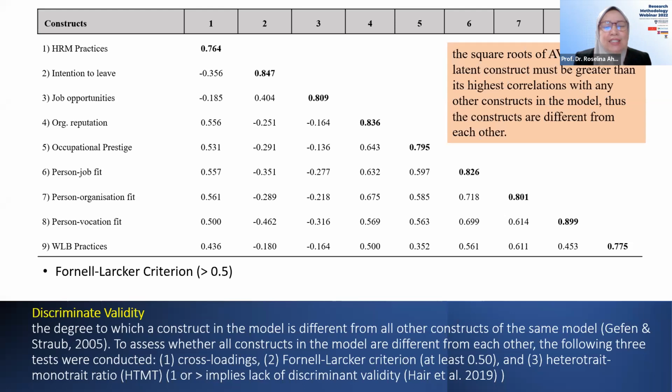Right, this is what Dr. Ula said just now about the discriminant analysis. If you look at this, the diagonal values have to be higher than the values below them. If the diagonal values are higher than those below, that shows there is no discriminant problem among the constructs.